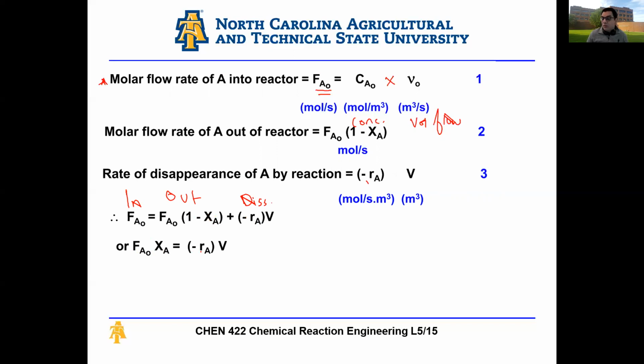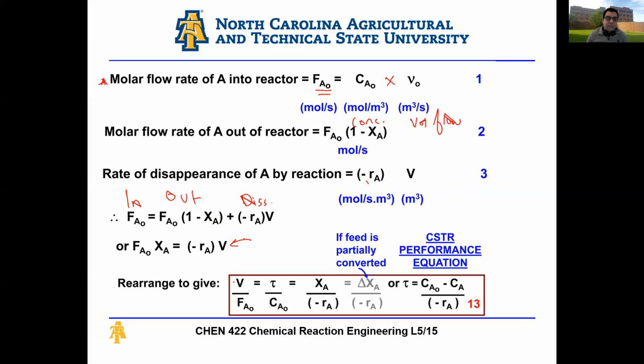I get FA naught XA is equal to minus RA times V. And this is basically the performance equation for a CSTR, or if you rearrange it, you get this expression: V over FA naught, which is equal to tau over CA naught, is equal to XA over minus RA, right?